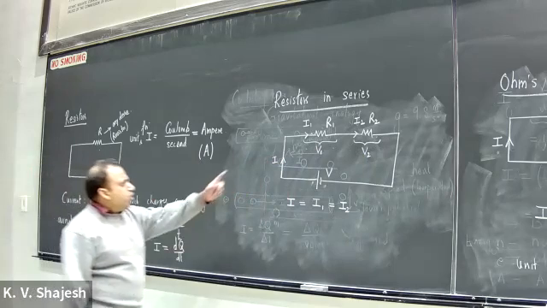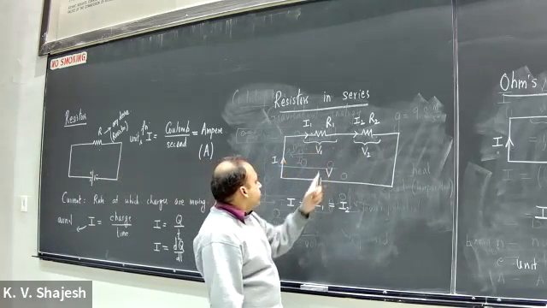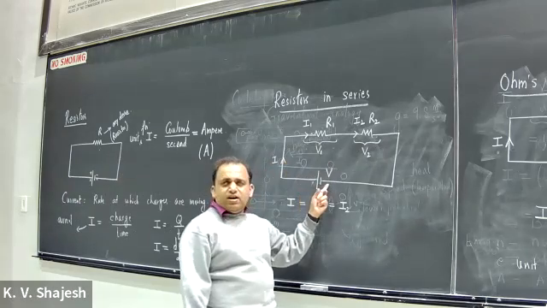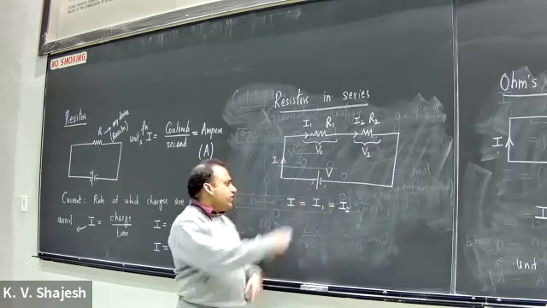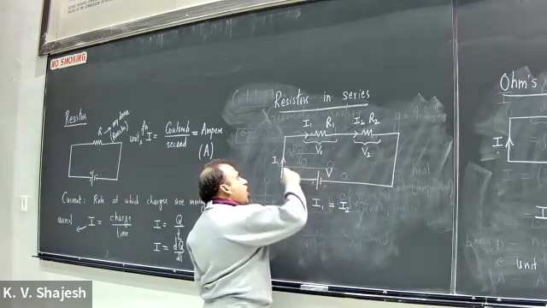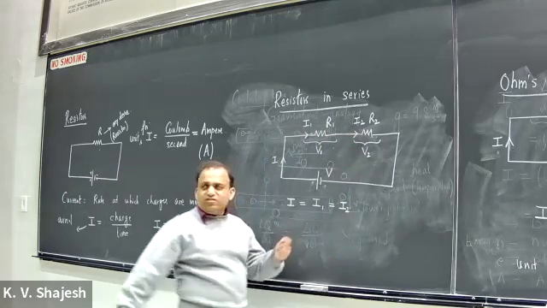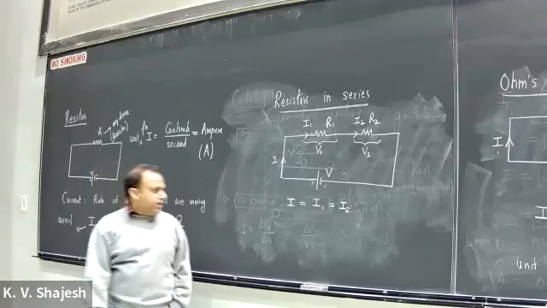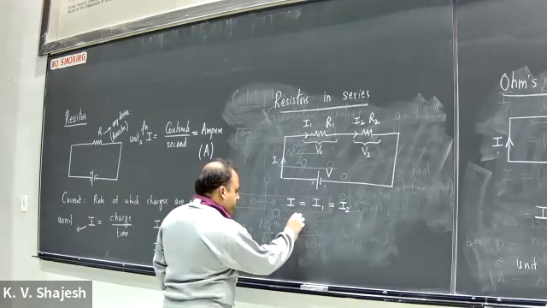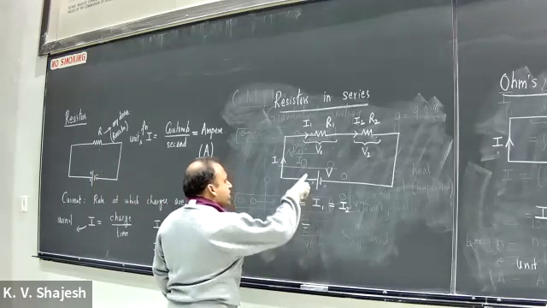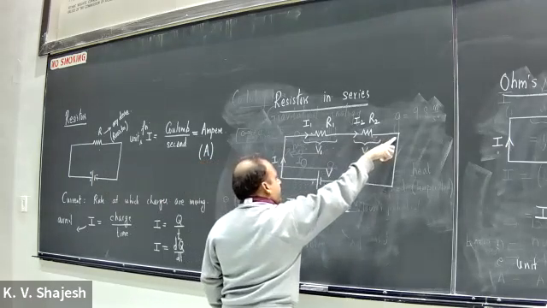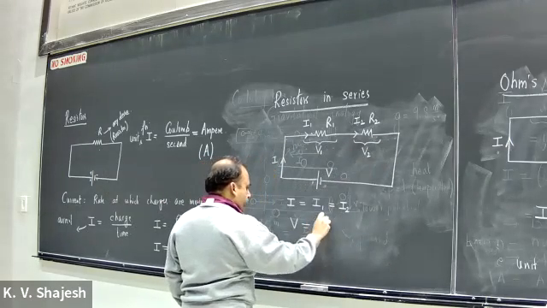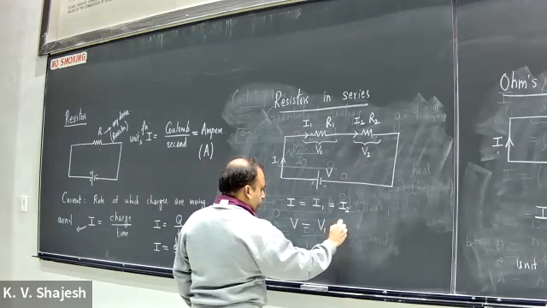And this total drop, V1 and V2, should be the same as the drop from here to there. Because whether you cross this barrier or you cross that barrier, it's the same two points you're coming across, because it's the same wire that is connected in there. So the potential difference between this end and that end is the same as V1 plus V2.